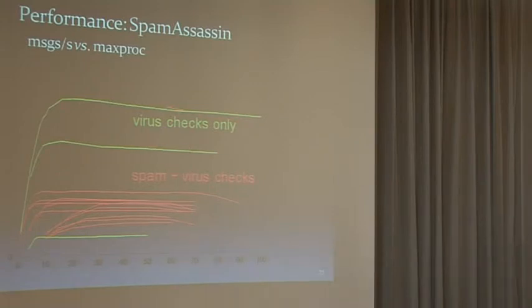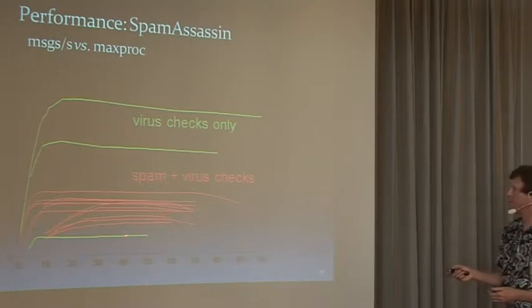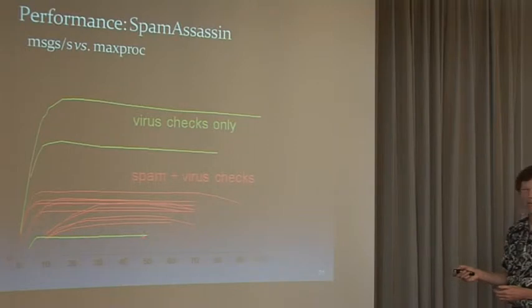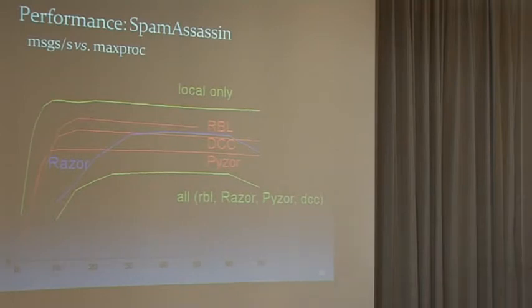Now, having virus checks only is acceptable, but add spam checking and things get considerably slower. And if you are unfortunate enough to run a command line virus checker, you are down there. Okay, I won't go into details, I just want to say that the actual curve shape depends very much on your configuration, what plugins you run, and the capabilities of the host running it.